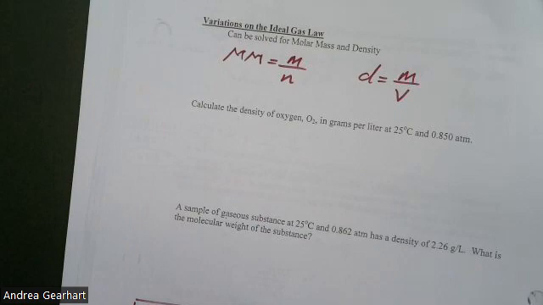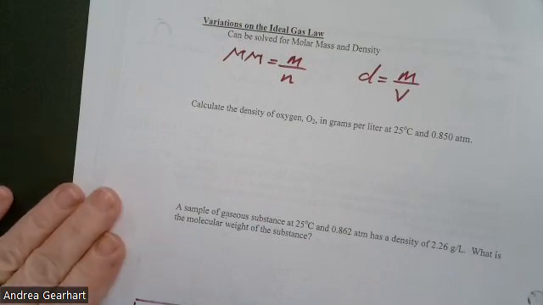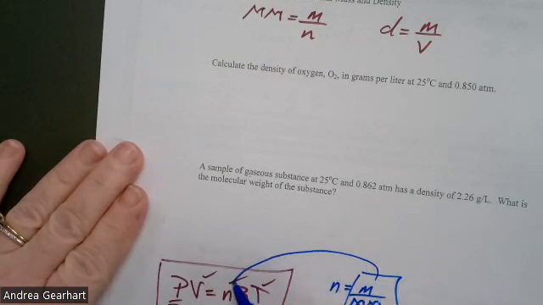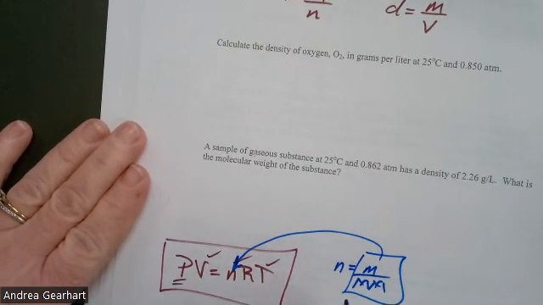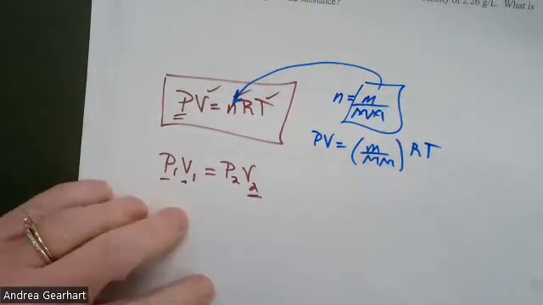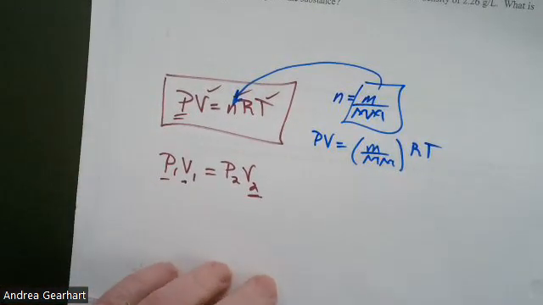Zumdahl just uses a capital M. Well, we just have another expression for n. Can't we substitute that in? Absolutely. So we have PV equals m over MM times RT. And now this opens up.